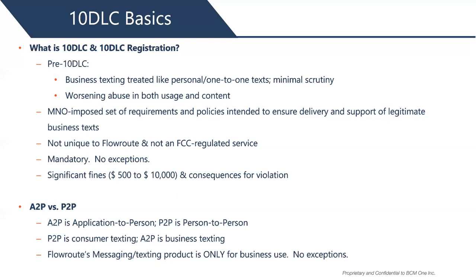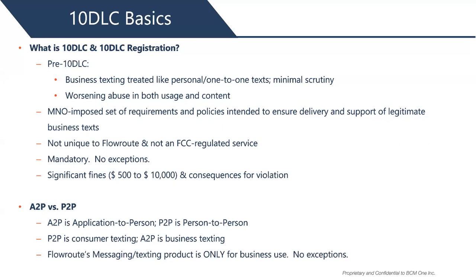However, there were increasing instances of abuse, not just in the volume of business texts being sent out. People were deliberately trying to skirt around established ATIS guidelines, but there was also a violation of content in the actual messaging itself. And so that required some policing, if you will, by the mobile providers.